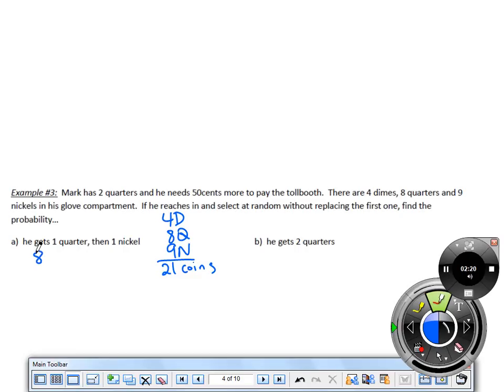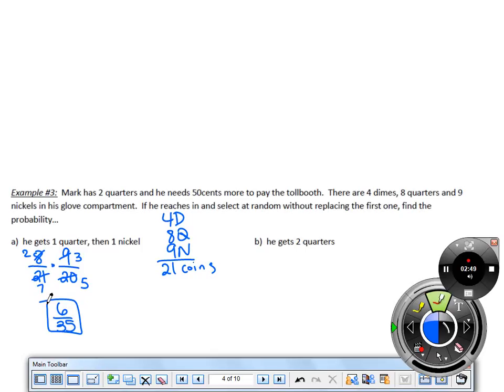To get a quarter would be 8 out of the 21 coins that are in there. Now there would only be 20 coins, and then to get a nickel would be 9 out of 20. Okay? And then we could go ahead and simplify this. If you want to simplify ahead of time, like, oh, 4 goes into 8 twice and into 20 5 times, and 3 goes into 21 7 times and into 9 3 times, it might make reducing your answer a little bit simpler.